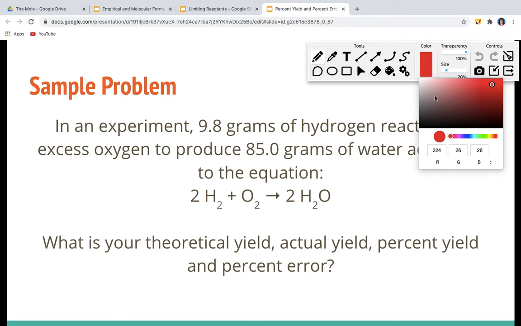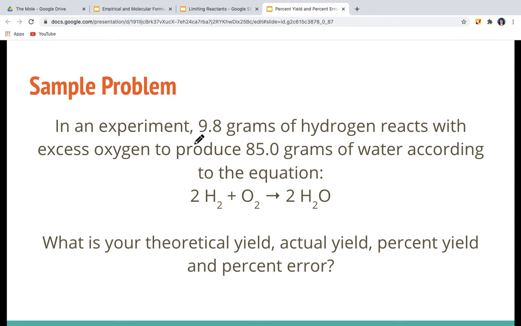So, I agree. That is a lot of information. We got to figure out how to parse it. What is nice is that we can break this down here. So, 9.8 grams of hydrogen reacts with excess oxygen to produce 85 grams of water. Okay, so first I'm going to figure out what these two are going to be used for.